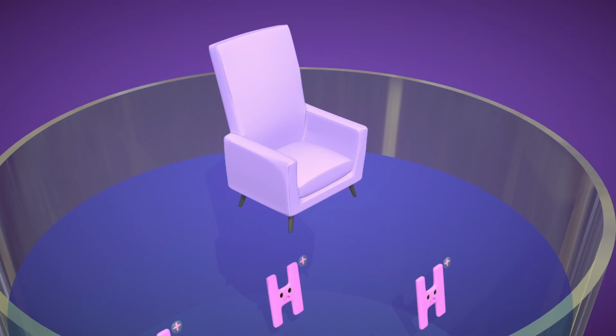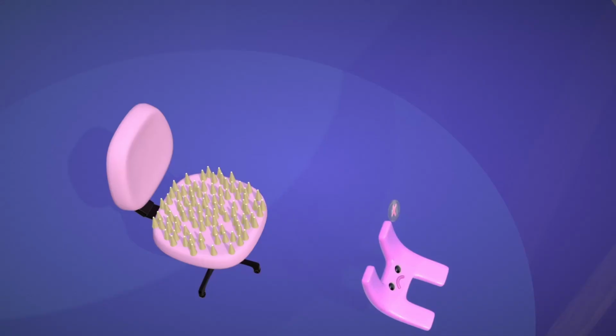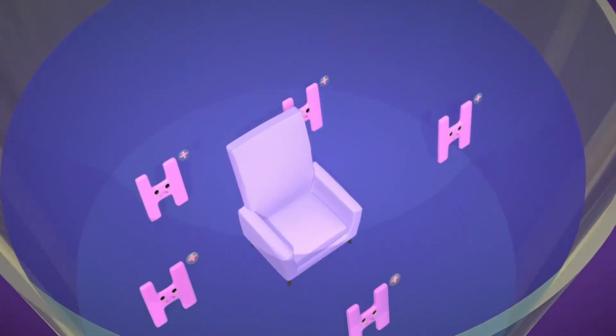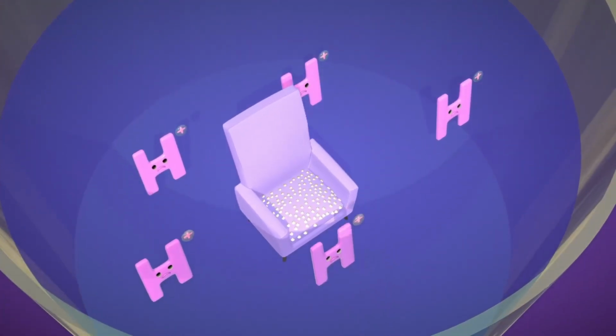And what is the base? Base is like this fancy comfortable chair. Here we also have this chair, but this chair is much more comfortable. So when this chair is thrown in water, very few spikes arise, right?